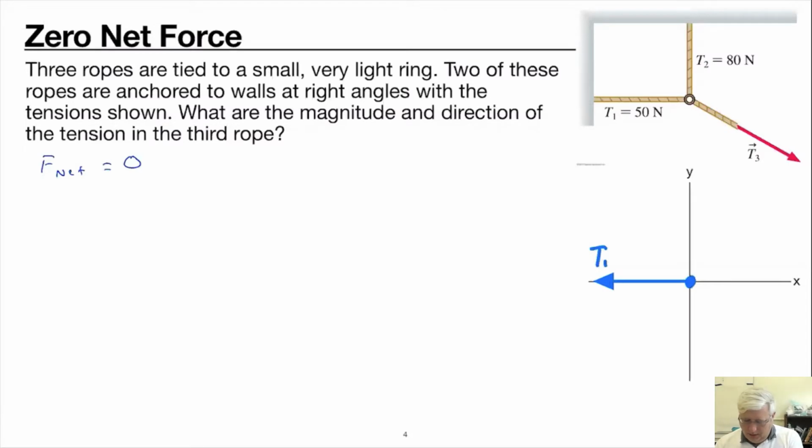Okay, and then tension 2 is going to be nicely along the positive y-axis. That's T2. And then T3 is going to be somewhere in between, somewhere in the 4th quadrant.